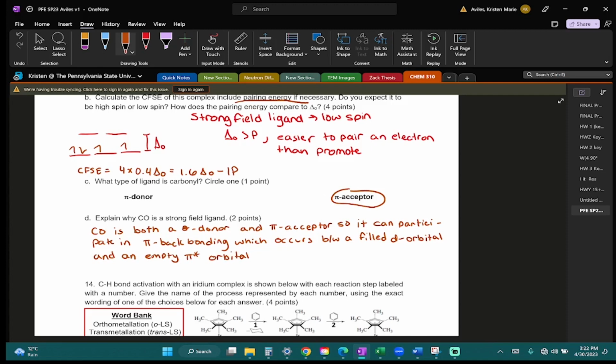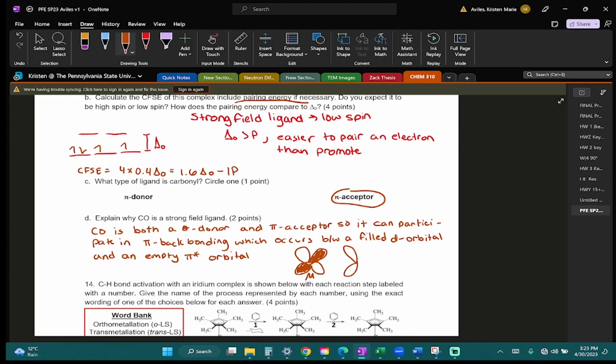Now, if you wanted to add a little visual description to support your answer, I always support adding a description because that's the best thing. We would have our metal d orbital. So typically, like I said, this is the dxy orbital, or one of our d orbitals that looks like a flower. So this is our metal. And then I drew the p orbital a little bit distorted because that's how it would be.